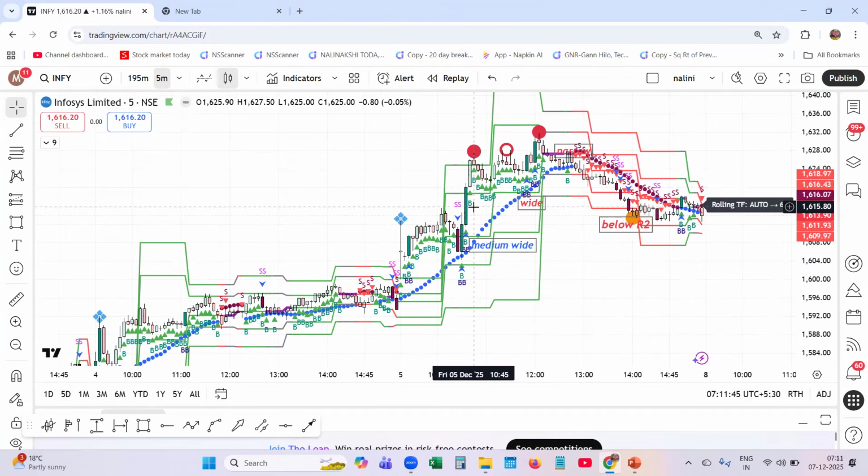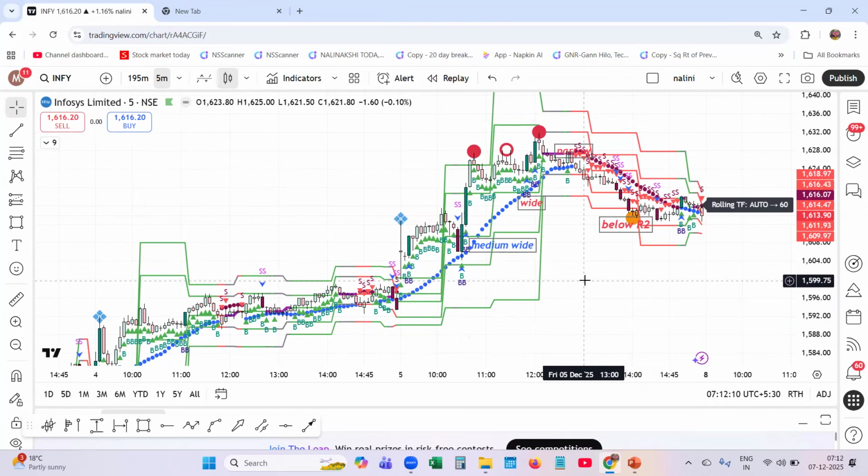This type of presentation will also be there in the market, and it is so easy to understand how the Infosys, with so much of this price movement, within 2 days, has gone from 1558 to 1630, almost 70 to 100 points, 1558 to 1638.